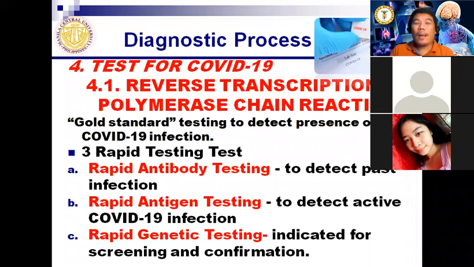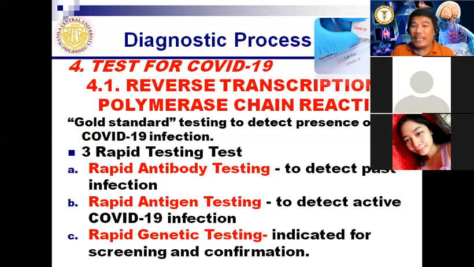Because, for example, if the client has already had the COVID virus and it has been 90 days and he or she is asymptomatic, even though recovered, the client could still be positive through the antibody because the antibody had been established in the body.